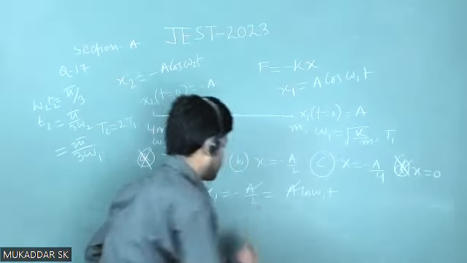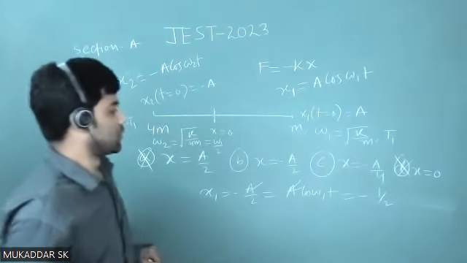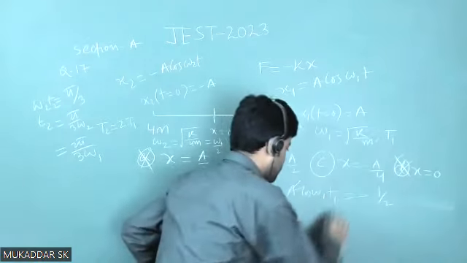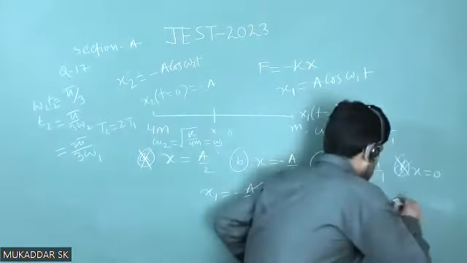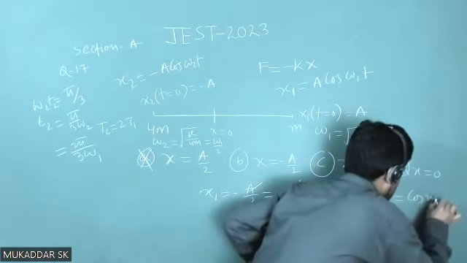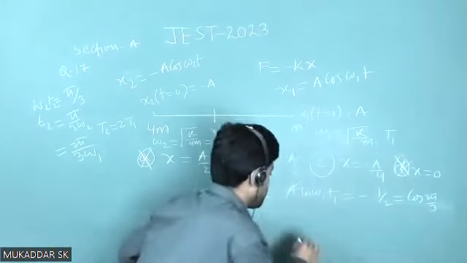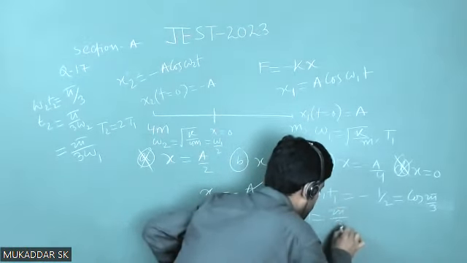And a will be cancelled, so it means that will be equal to minus 1 by 2. Let me take this as t1. Minus 1 by 2 means what? Cosine of 2 pi by 3. So if you calculate t1 from here, you will get 2 pi by 3 omega 1.